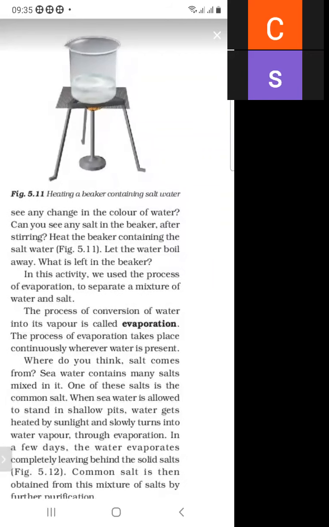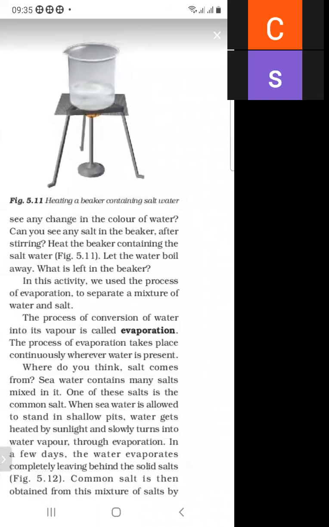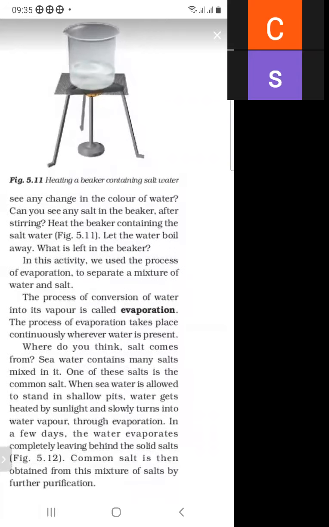After stirring, we will heat the beaker. We will heat the beaker containing the salt water and let the water boil away, and see what is left in the beaker.